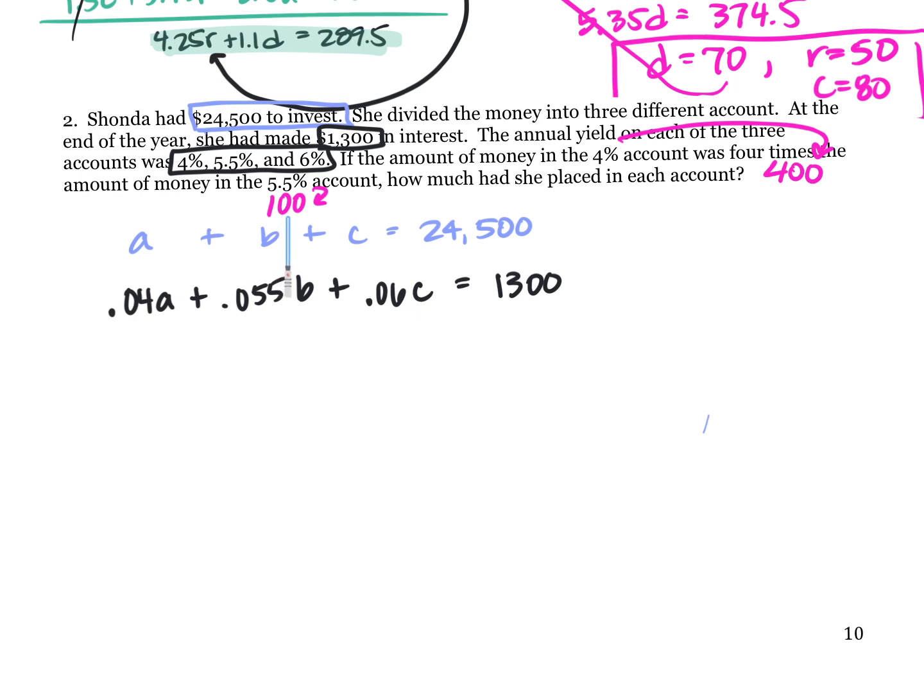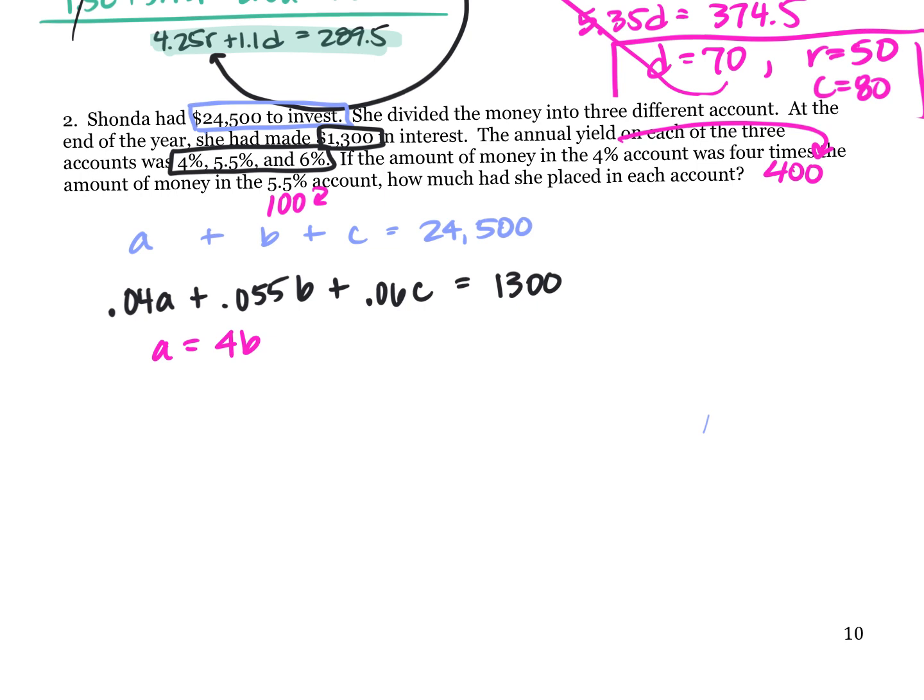It's the first one. Wouldn't you agree? 100 times 4 gets me 400. My 100 goes with the 5.5% account, which is our B. So what are we going to say? Yes, A is 4B. You all right with that? I take this times 4, 100 times 4 gets me 400. That's what I like to do.